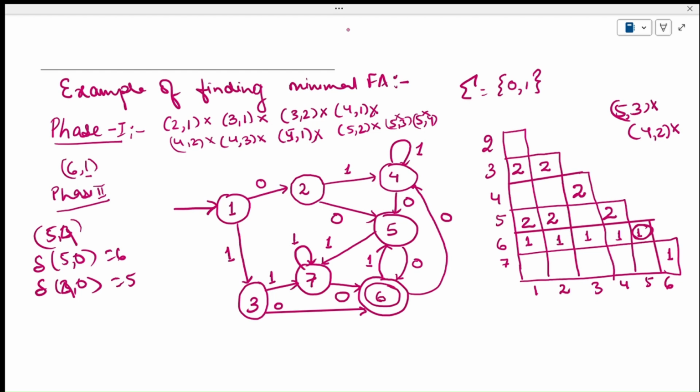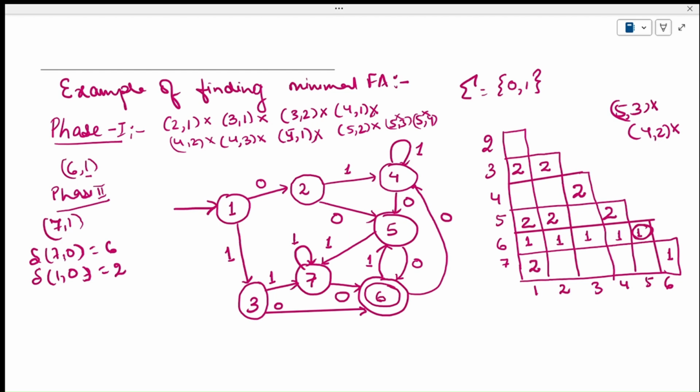Now repeat the process for 7 1, 7 2, 7 3, 7 4 and 7 5. 7 1. 7 on reading 0 and 1 on reading 0. 7 on reading 0 is going to state 6, and 1 on reading 0 is going to state 2, that is 6 2, and since 6 2 is marked, 7 1 is marked.